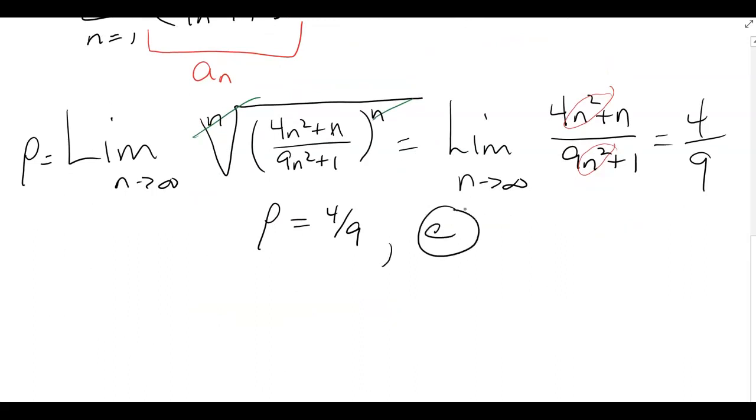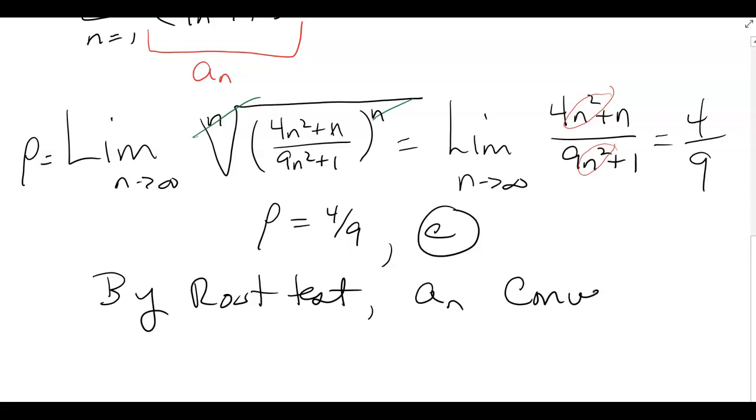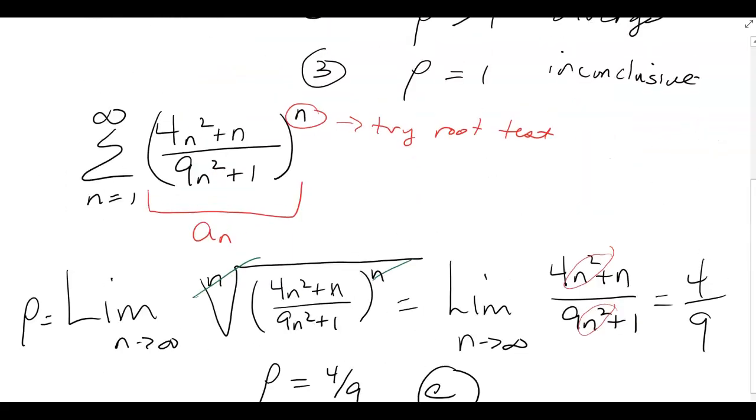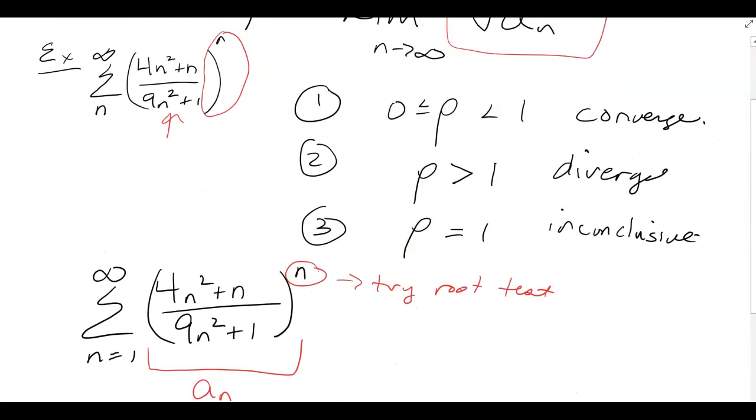So you would say by the root test, our series a sub n converges. And that's it. So again, all you're doing is taking the limit of what's inside here, right?